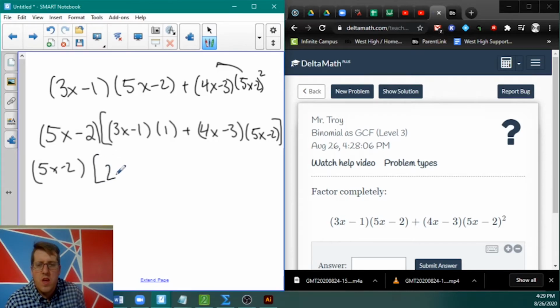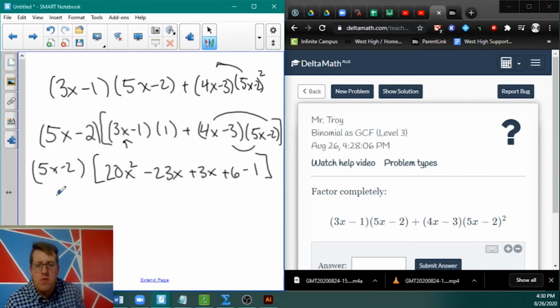So that's 20x squared minus 8x minus 15x, so minus 23x, plus 3x from here. Plus 6 minus 1. I'm going to combine like terms.